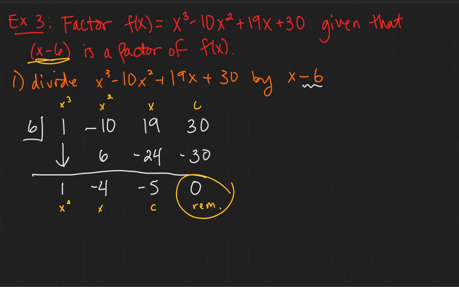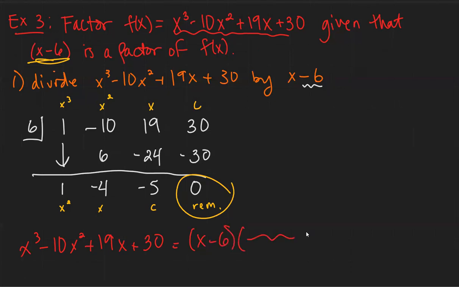So then we know that if we're factoring this, remember the whole point is that we're factoring this. So x cubed, let me get rid of that equal sign because I kind of jumped the gun. X cubed minus 10x squared plus 19x plus 30. We now know that we can rewrite that as x minus 6 times, we found out what that mystery polynomial is.